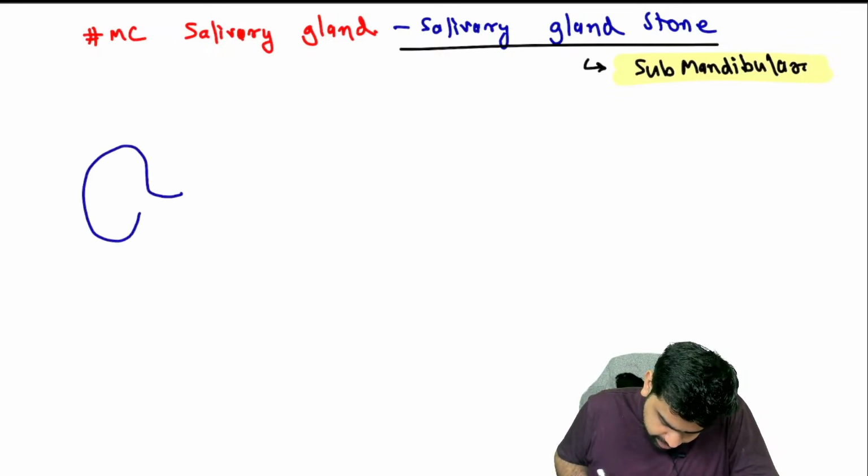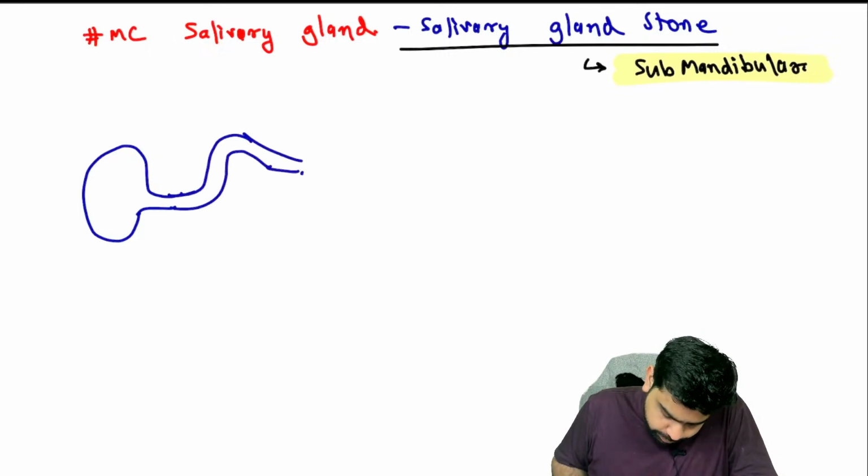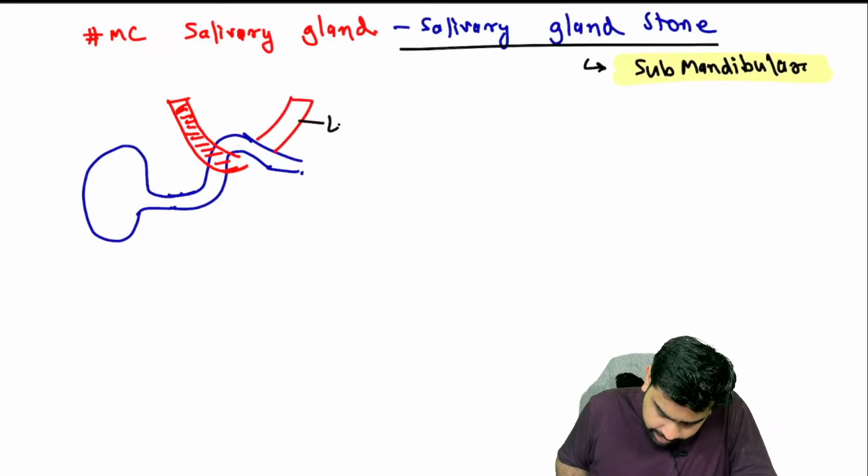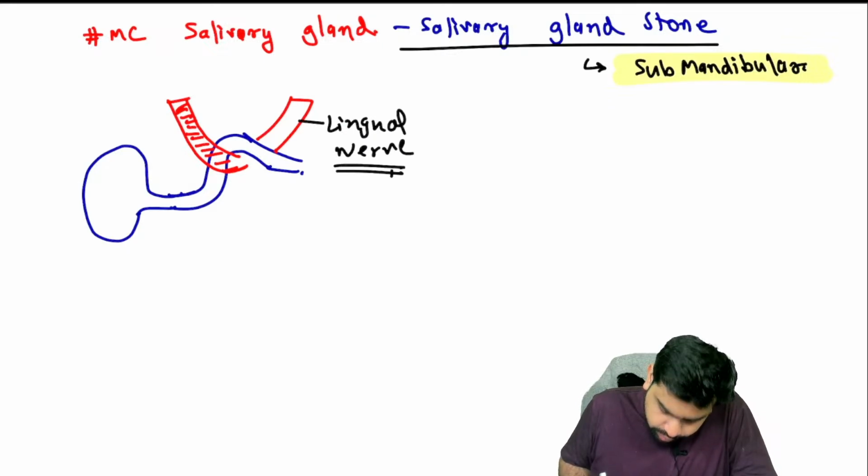Assume that this is a submandibular salivary gland and this is the duct of the submandibular salivary gland. This duct is hooked by a nerve. So which nerve is basically hooking this duct? It is hooked by the lingual nerve.